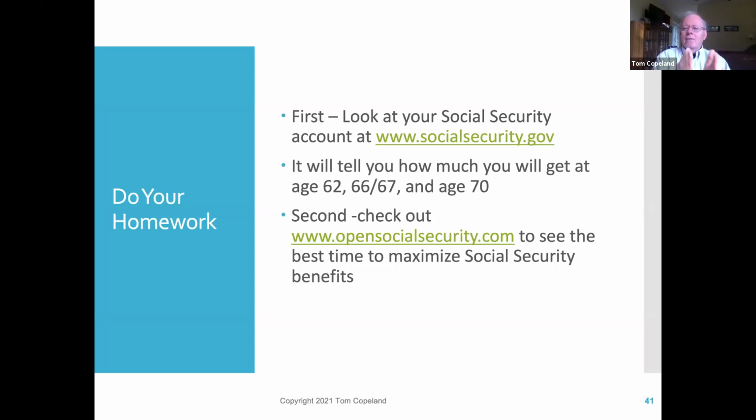But the calculator said my wife should claim Social Security earlier than age 66. And at that time, I could start claiming half of her benefit as a spousal benefit. Then when I got to be age 70, I could still claim my full benefit. I wouldn't lose anything, but I would get half of her benefit for a number of years.